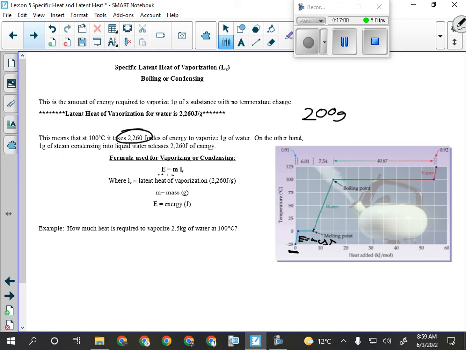Then for this part here, I'd use E equals MLF, and I'd just go 200 grams times 333. And then for this part here, I'd use E equals MC delta T. So I'd go 200, and now that I have liquid water, it would be times 4.2. And what would the temperature change be for this part?